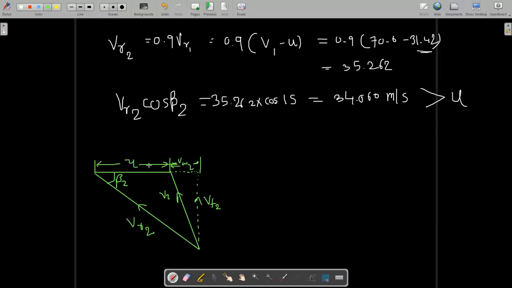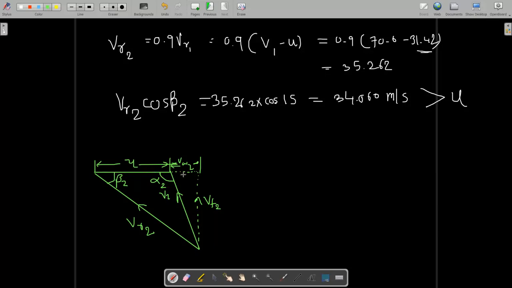In the question it is written to draw the velocity diagram. So it is not enough to just draw it like this. We have to find the values of all of them, VR2 and this angle also. This is alpha 2, and at the start of the lecture I told you what alpha 2 is. Alpha 2 is the angle made by the absolute velocity of the jet at outlet with the direction of rotation of the runner.